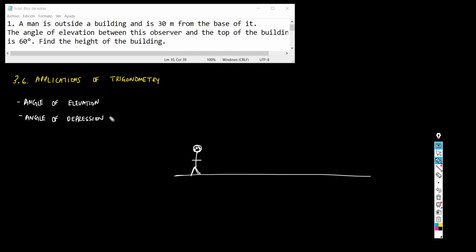And what these angles mean are the following. If you have an observer and if you trace a horizontal line through his or her sight. And by the way, by observer, I don't necessarily mean a person.